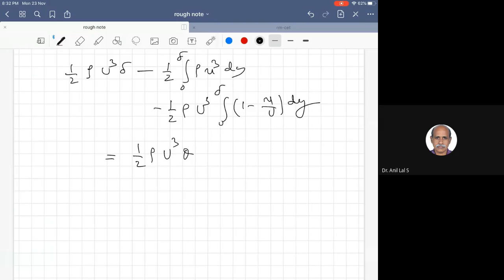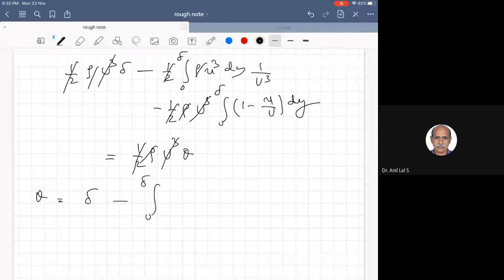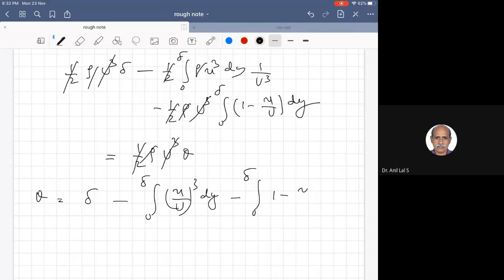So U cube is divided, so here you will get 1 by capital U cube. The half goes, the rho also goes. So theta is equal to delta minus integral 0 to delta of small u by capital U the whole cube dy, minus integral 0 to delta 1 minus u by U dy.